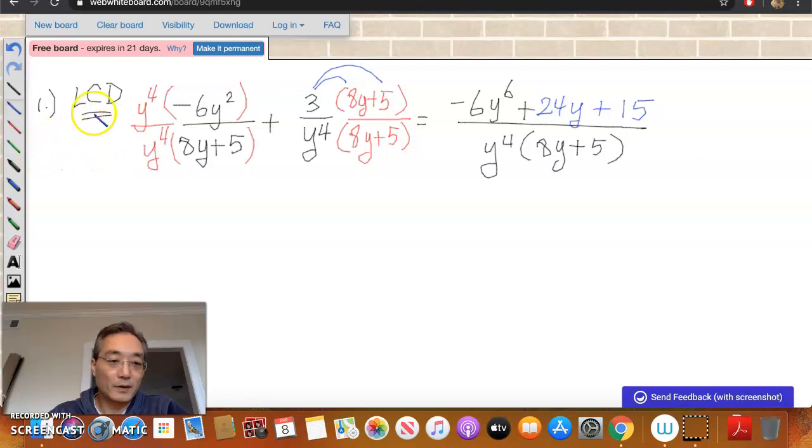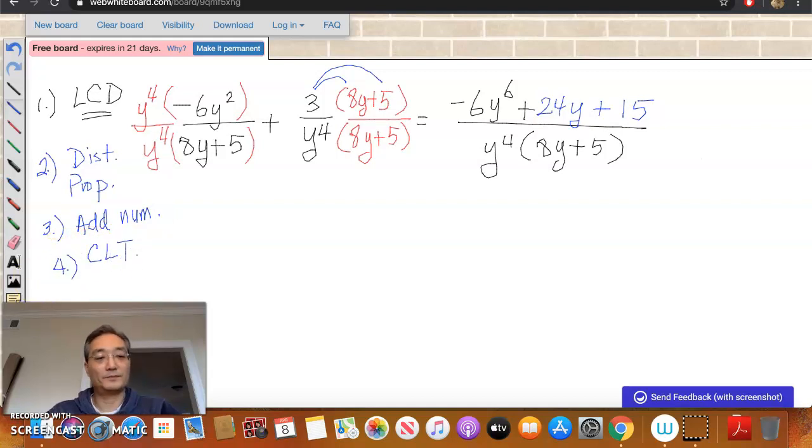So again, get the LCD, and then once you have the LCD, apply the distributive property, add the numerators, and then combine like terms on the top. If you follow these 4 steps, you should be able to get the answer readily.